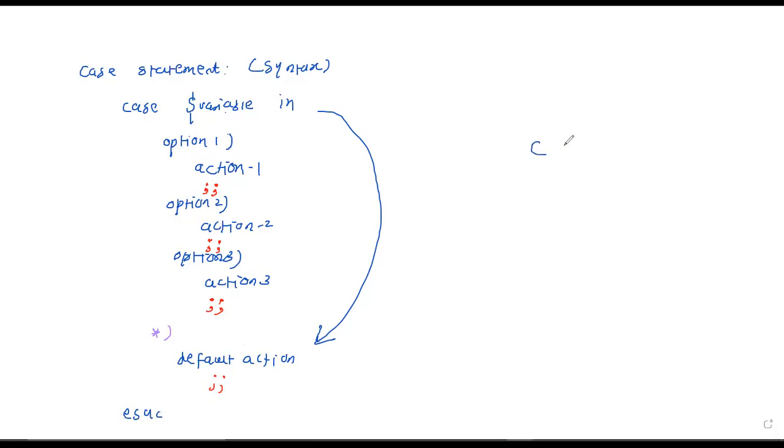That is exactly the opposite of case. We write case in the reverse way. E, then we write S, then we write A, we write C. That is ESAC. Okay. So this is the conclusion, the end of this case statement.